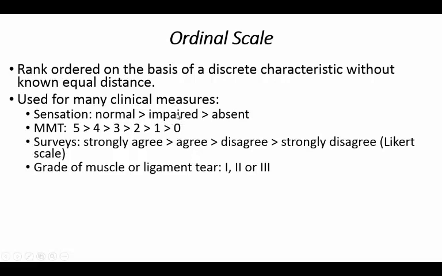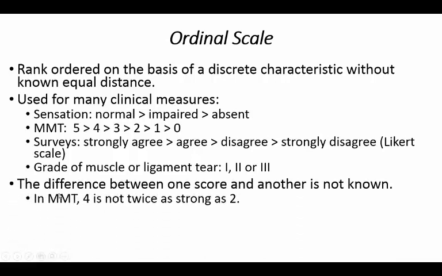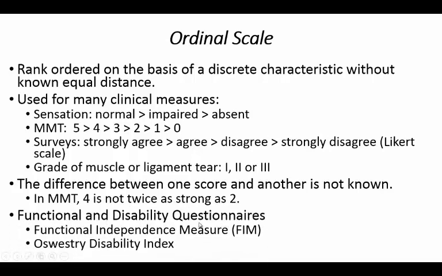How much? We don't know. Same thing here. So it is rank ordered on the basis of the characteristic, but without known equal distance. And this is important to remember. The difference between one score and another is not known. In manual muscle test, 4 is not twice as strong as 2.